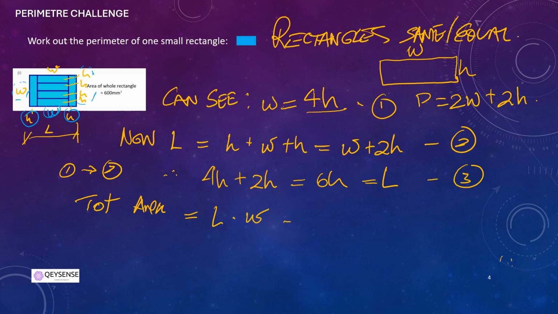That equals 6H, which is equation 3 here, times W, which is 4H, and that equals 600 millimeters squared.